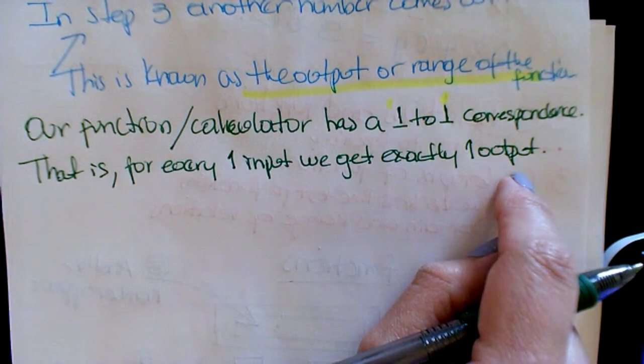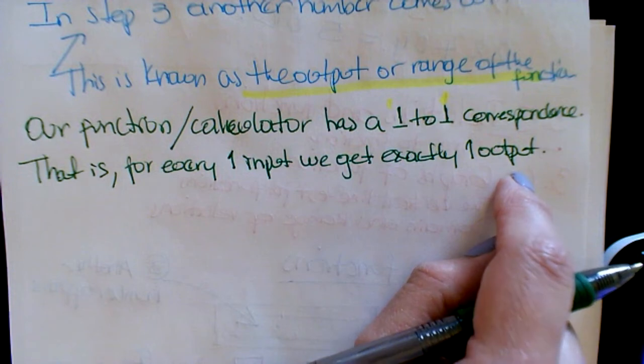And that makes sense for our calculator. We expect that when we enter a number and press the button, we're expecting just one answer to appear. And that, in math, is how we define a function.